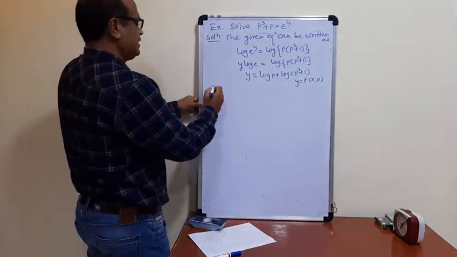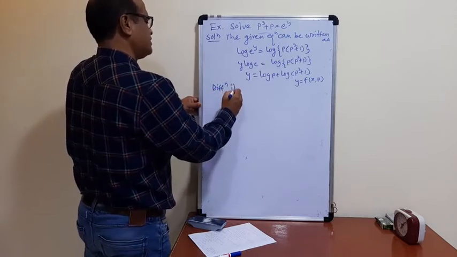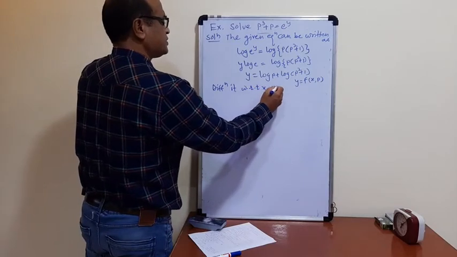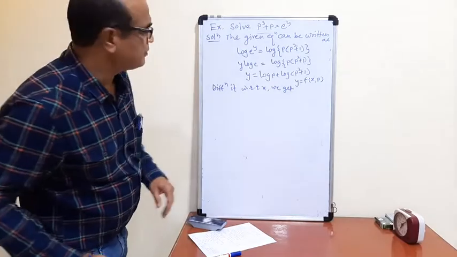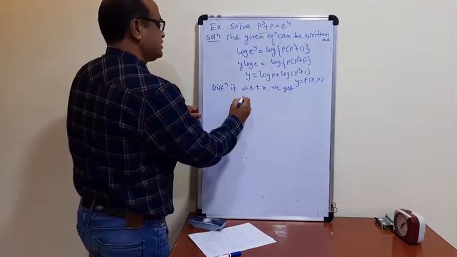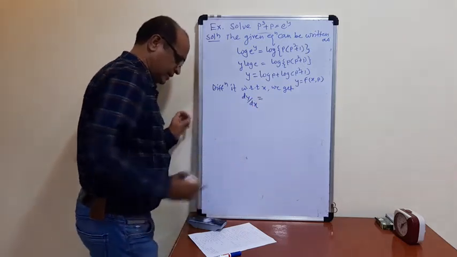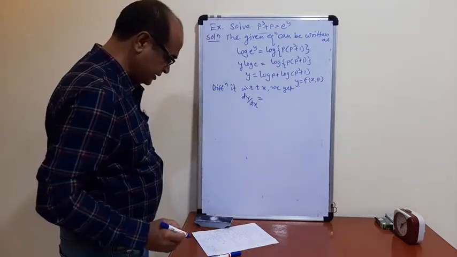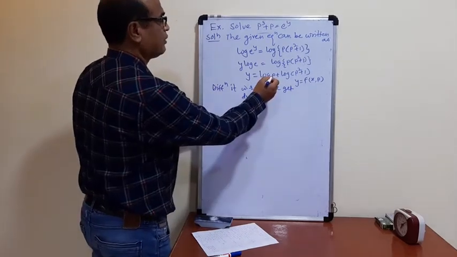So differentiating it with respect to x, we get, what is the derivative of this with respect to x? So this is dy by dx. So what is the derivative of log p?